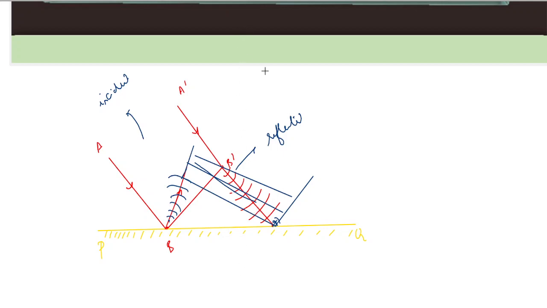Now to prove the equation, let's consider a case where we have a plane wavefront. In this case, let's draw only the edges of the wavefront, not the common tangents. Suppose we have a wavefront incident at an angle to this one. Let's call this point A, point B, point A dash, and point B dash.